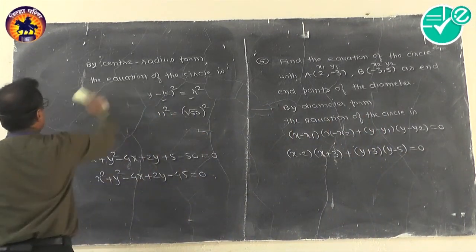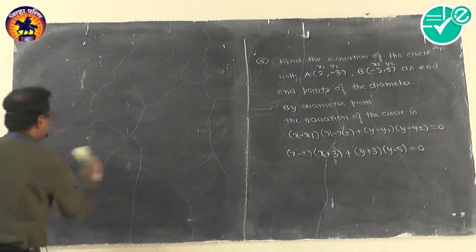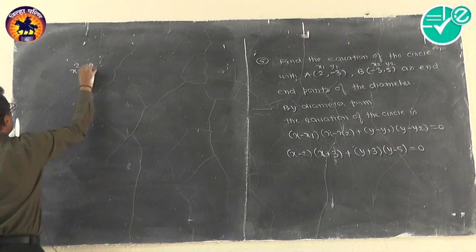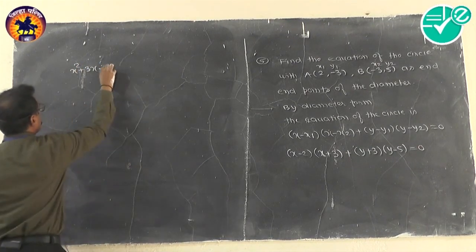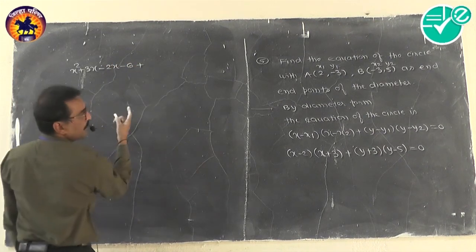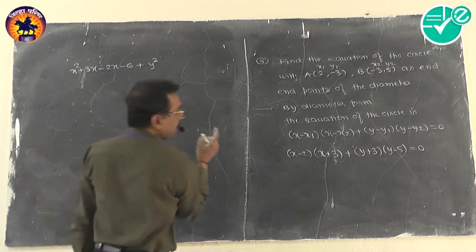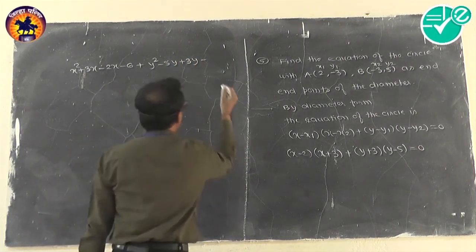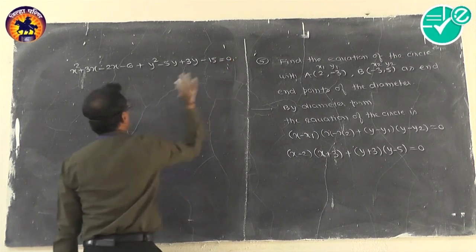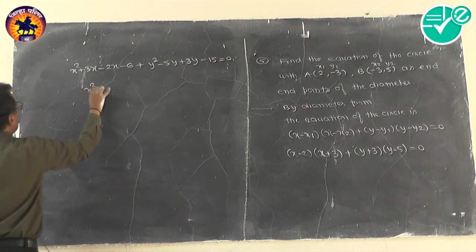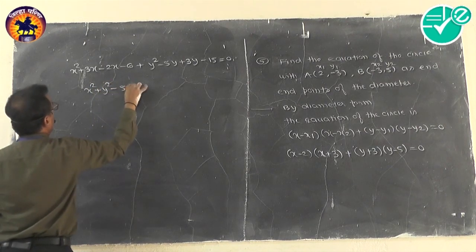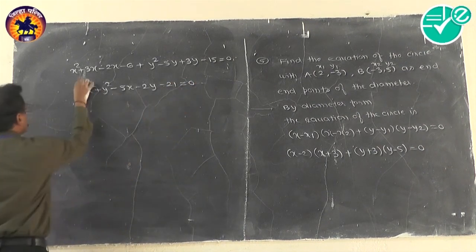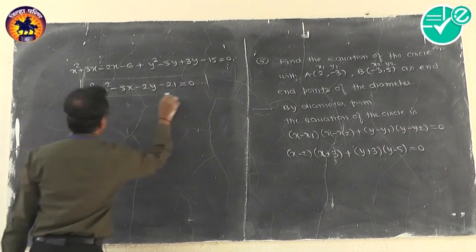We have to continue here. x into x is x square plus 3x minus 2x minus 6 plus y square minus 5y plus 3y minus 15 is equal to 0. So here the equation is x square plus y square plus x minus 2y minus 21 is equal to 0, which is the required equation of the circle.